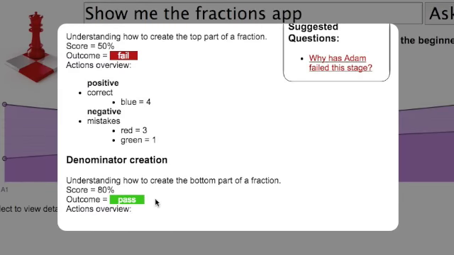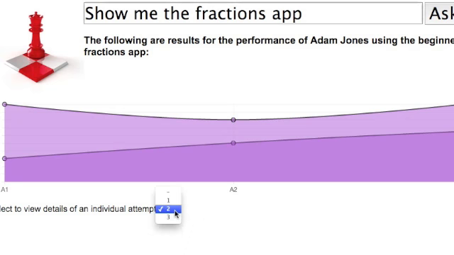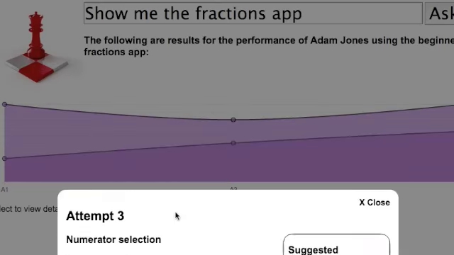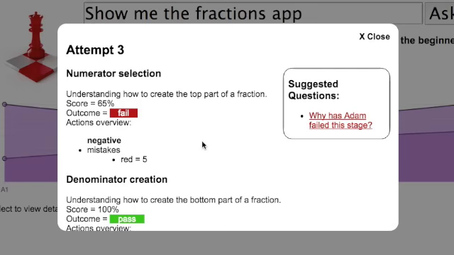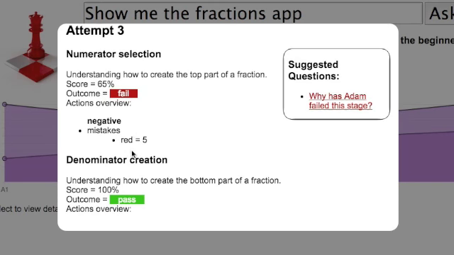In terms of creating the denominator, the score was 80%, and the outcome of that was a pass. We can check again on the third one, and we can also see a similar type of pattern here where the mistakes are being made in the first part of creating the fraction, and mistakes again are red, and in the denominator, there have been no problems.